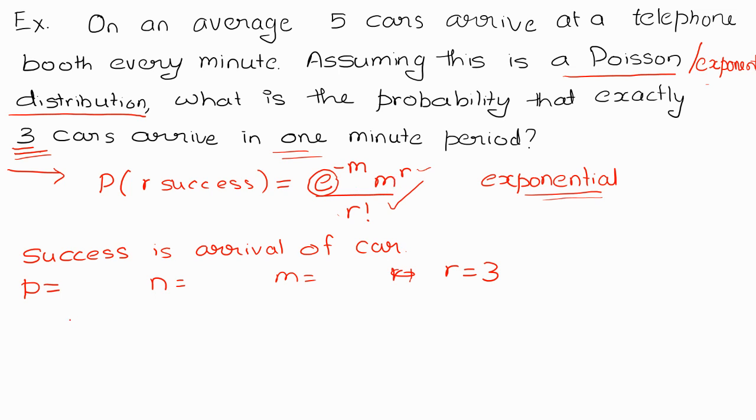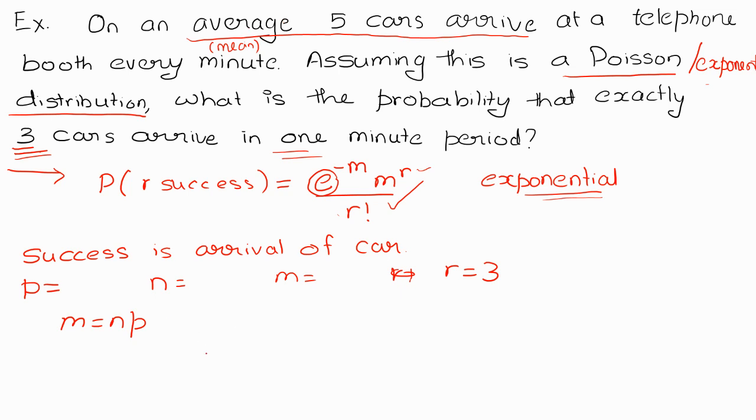Now m, I had explained, m is equal to np, where n is the number of trials and p is the probability. Nowhere is it mentioned how many times this has been occurring. But instead what is mentioned is, on an average, five cars arrive at a telephone booth. On an average, average means the same as mean. That is another name for mean.